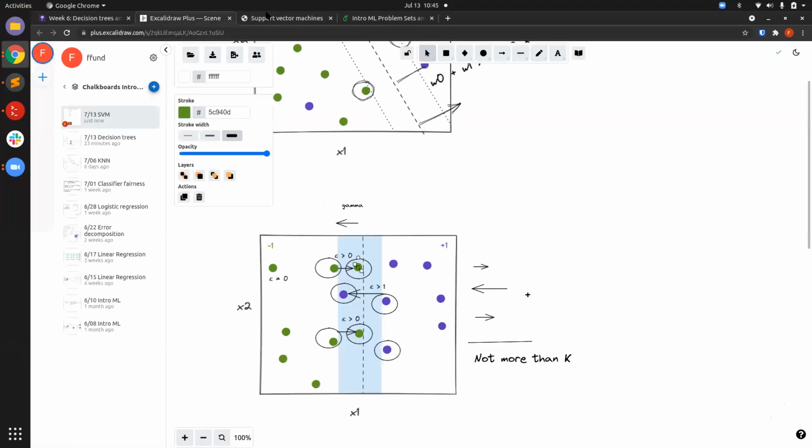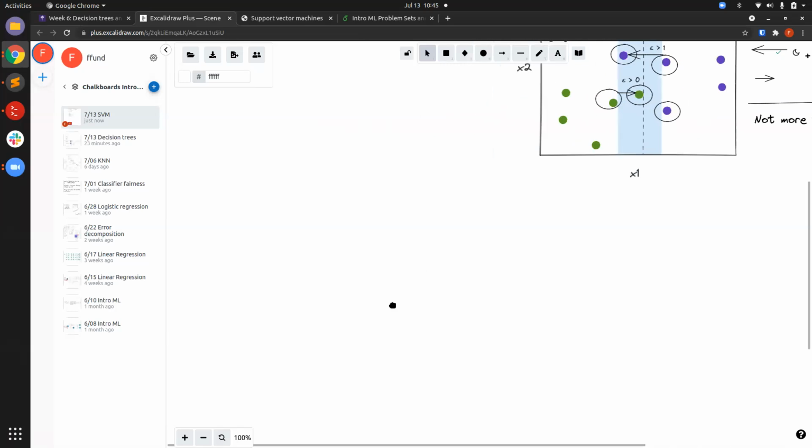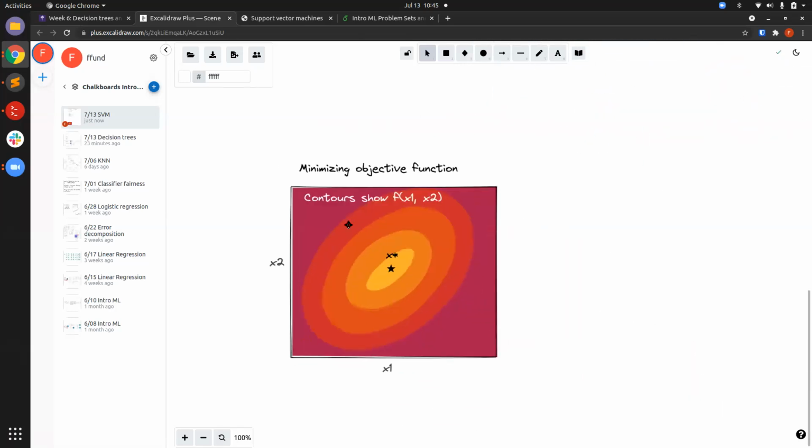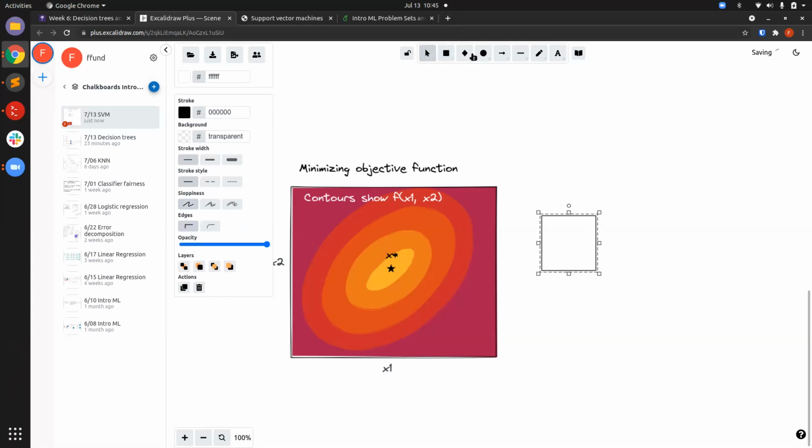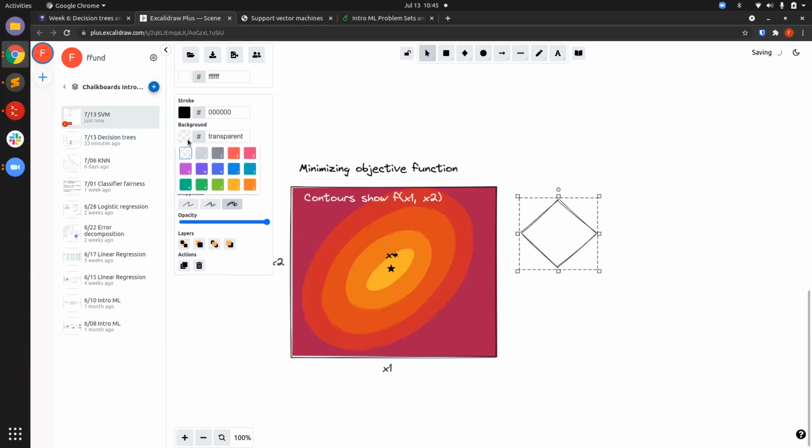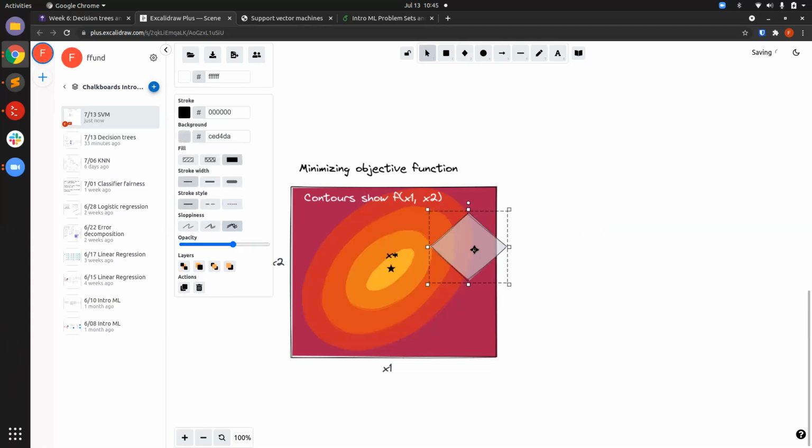Now I'm going to illustrate this problem, and I drew something for this in advance. So imagine you're trying to minimize some function of x. Here are some contours that show f of x, and it's minimized at some point in the middle. Now I want to add a constraint, a constraint that g of x has to be less than or equal to 0.